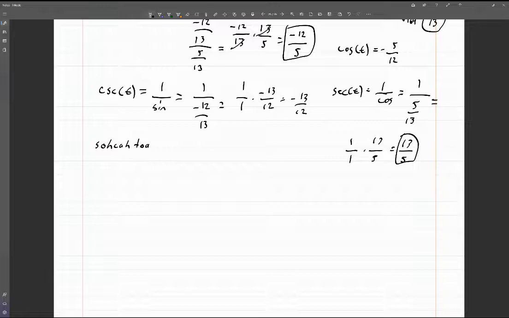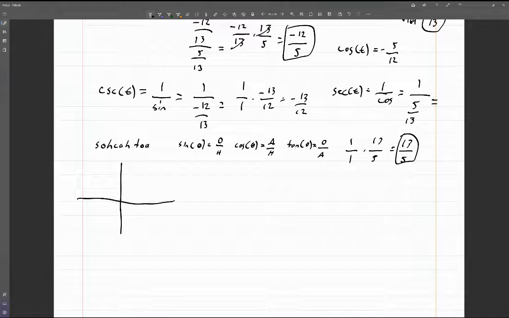SOHCAHTOA stands for sine is defined as opposite over hypotenuse, cosine is adjacent over hypotenuse, and tangent is opposite over adjacent. So you could imagine, depending on what quadrant you're told your terminal point lies in, we're going to form one of these 4 types of triangles.